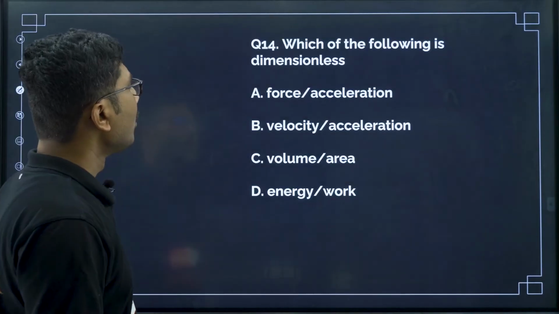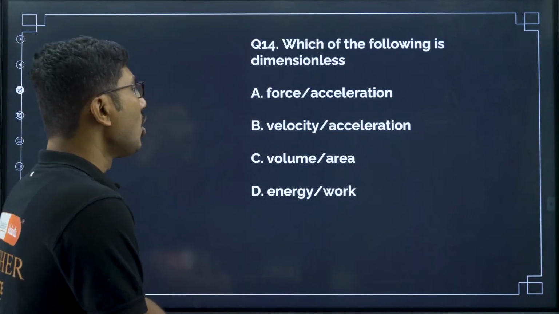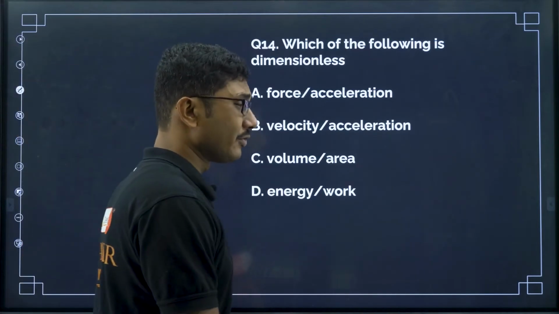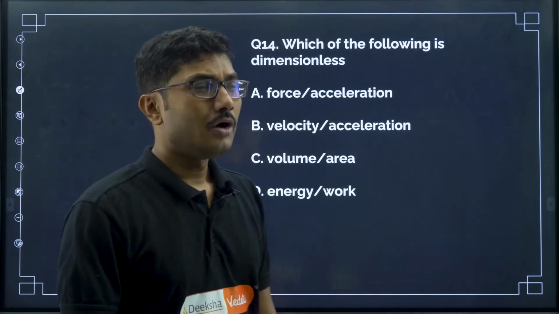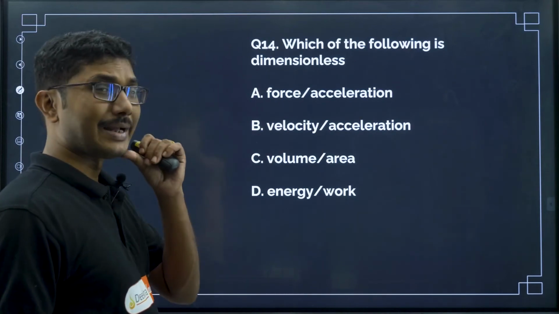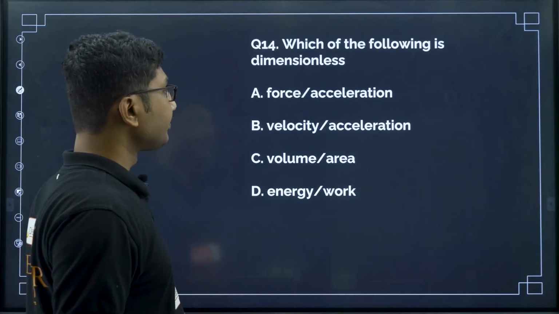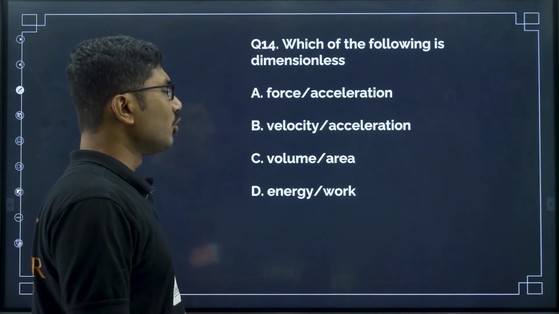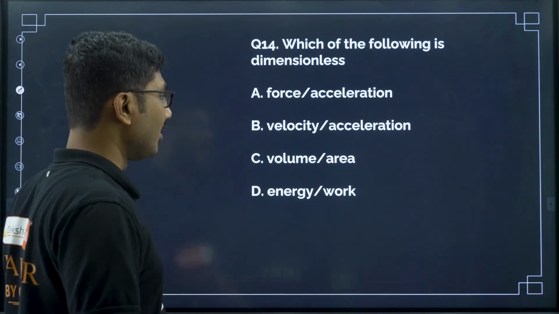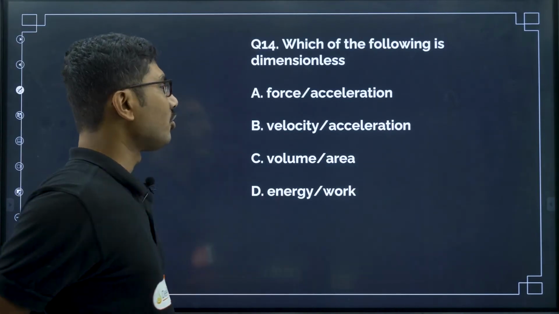Now, which of the following is dimensionless? Another interesting question. Force divided by acceleration: force equals to m a, so force divided by acceleration will have mass. Velocity divided by acceleration, obviously two different quantities, they will have different values. Volume and area, volume is more, area is one dimension less, so they are also not dimensionless.